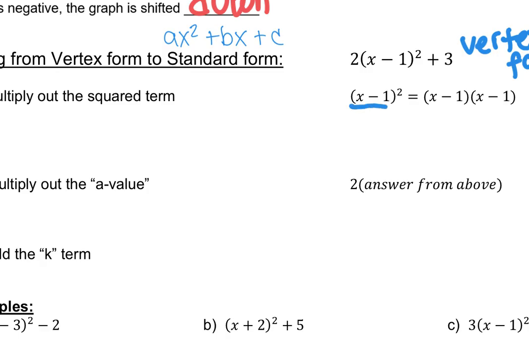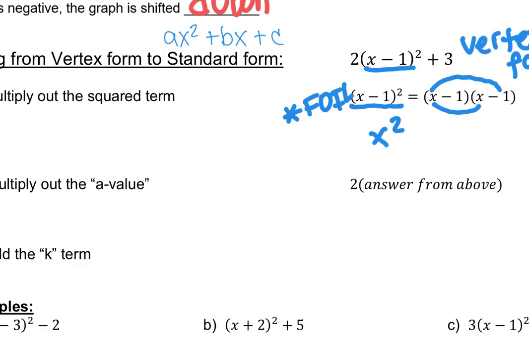So we're going to take this x minus 1 squared, that's right there, and let's multiply that out. How do we do that? Remember, we used FOIL, F-O-I-L. So our first terms, we multiply together. That's x squared. Sorry, that is not outer terms. Let's do our outer terms right here.